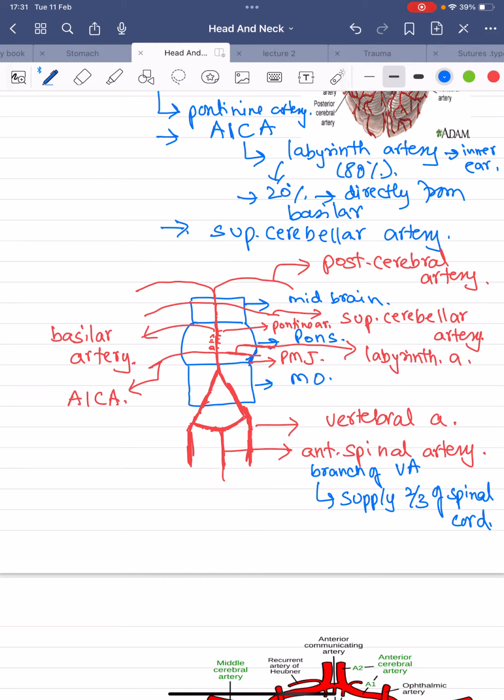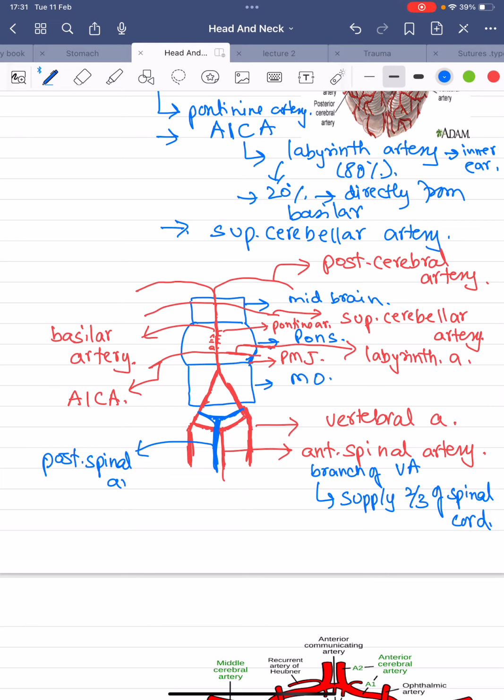Okay, the vertebral artery is also joining here posteriorly and making one more branch. So this is your posterior spinal artery.